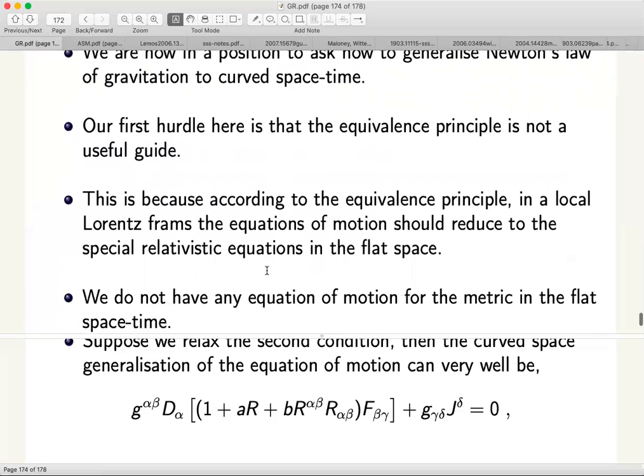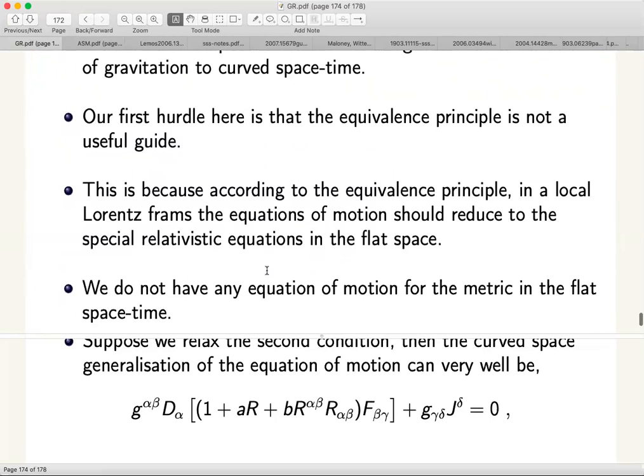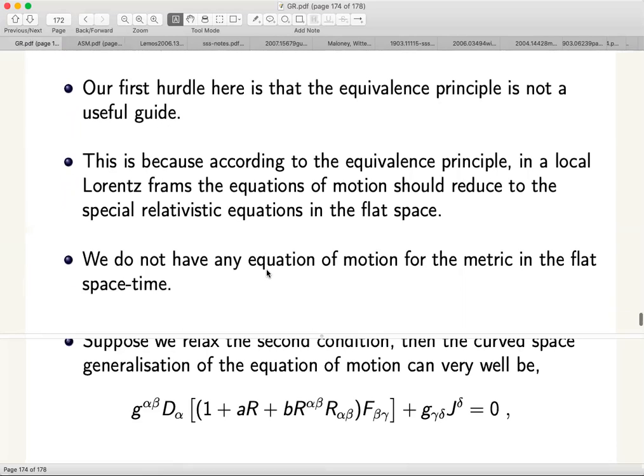So what we need to do is to go about finding this equation in an indirect way. We will basically be trying to make a guess here, and then check that this guess is consistent. One of the reasons why we cannot do this directly is that, unlike electrodynamics and the Klein-Gordon equation, there is actually no simple notion of an equation of motion for a metric in flat spacetime.